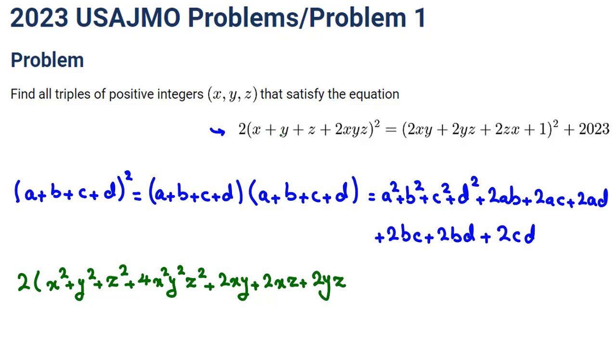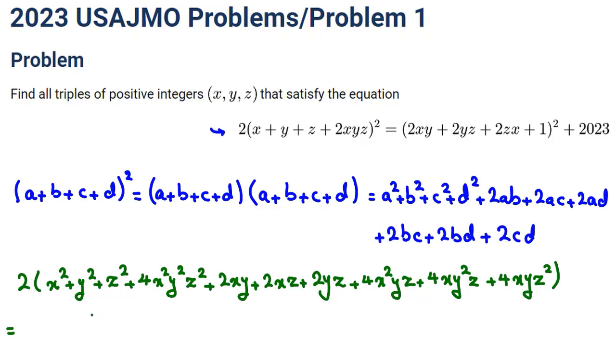We've considered this now. 2x times this: 2 times x times 2xyz will be 4x squared yz plus 4x y squared z plus 4x yz squared. Okay?